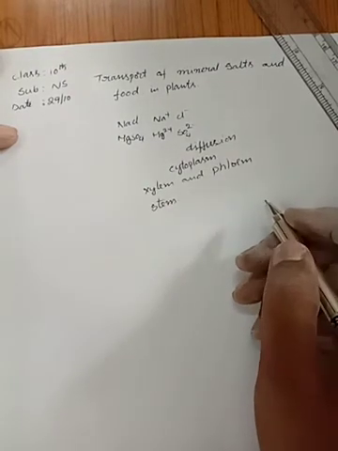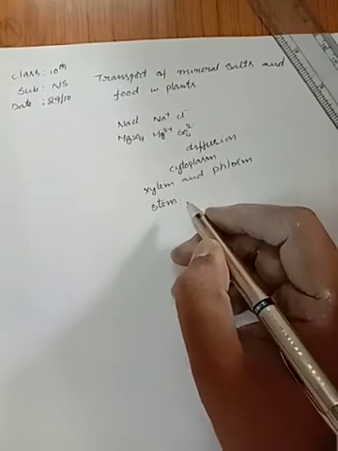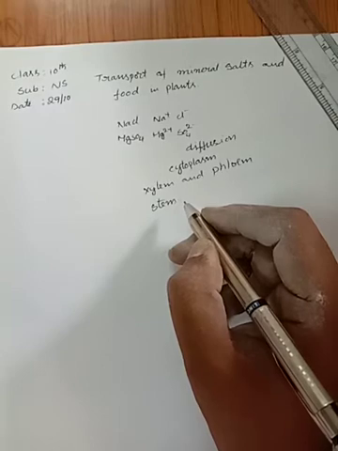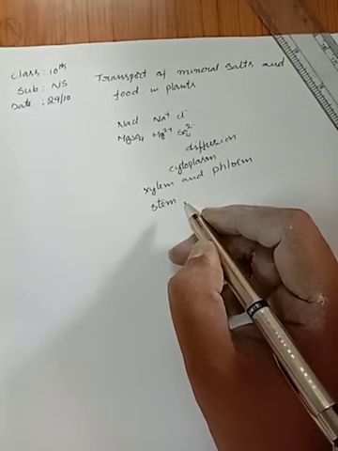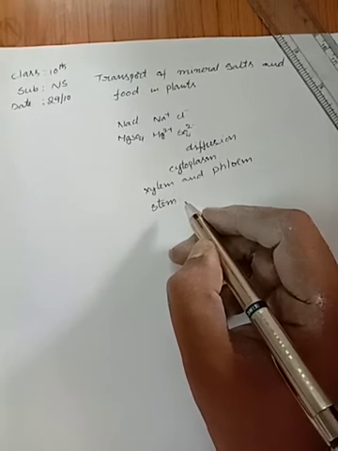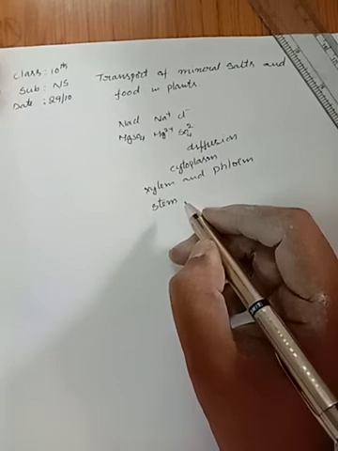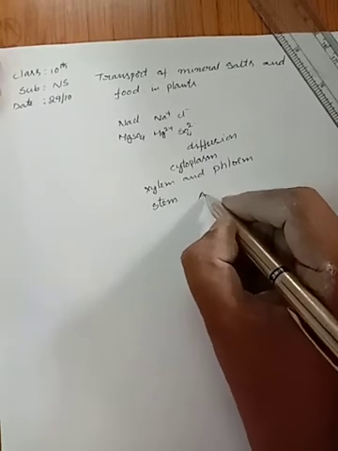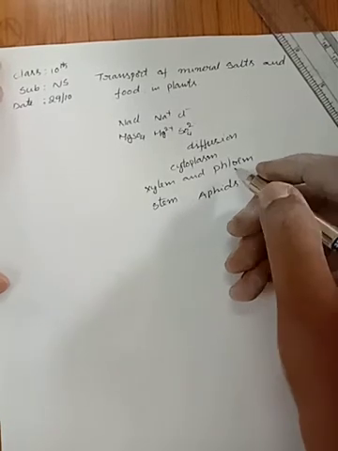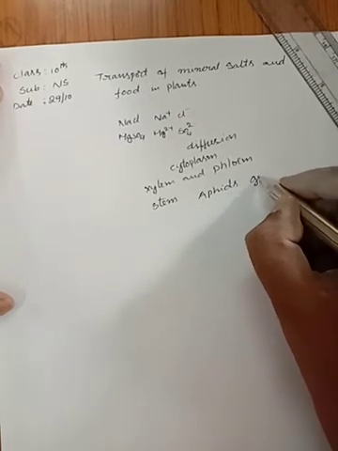Phloem sieve tubes are extremely small and the analysis of their contents is not easy. So, a number of biologists studied food transportation in plants with the help of aphids. Aphids are generally known as green flies.